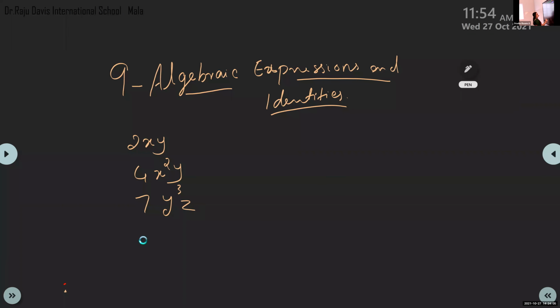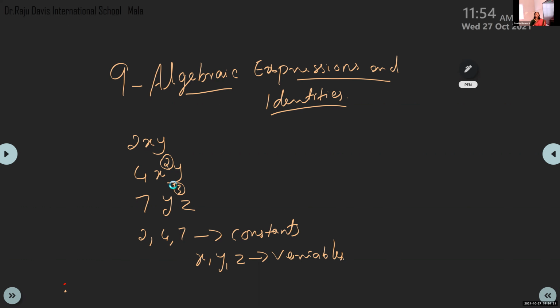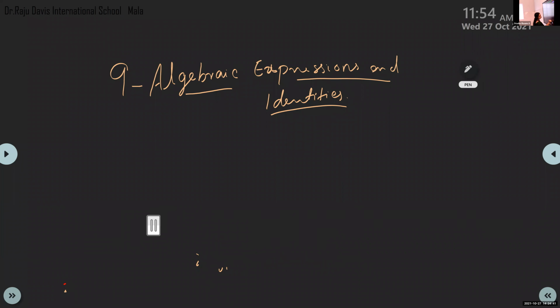Here 2, 4, 7 are constants. x, y, z are called variables. And this 2 and 3 are the power of the given variable. 2 is the power of x in 4x square y. 3 is the power of y in 7y cube z. Okay, so algebraic expressions are formed by constants and variables.